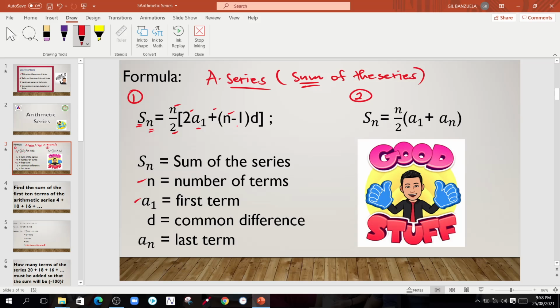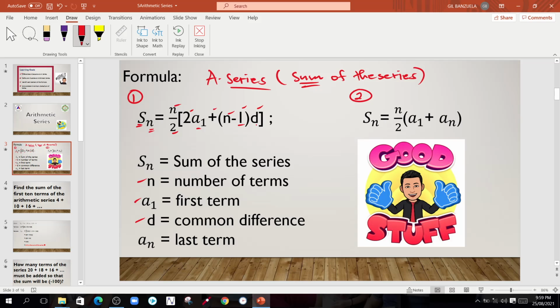Then a quantity of n minus 1, where the 1 is a constant, to be multiplied to the common difference. So that is our first formula. We read this formula as: the sum of the entire series is equal to half of the number of terms multiplied to twice the first term plus a quantity of the number of terms minus 1 times the common difference.